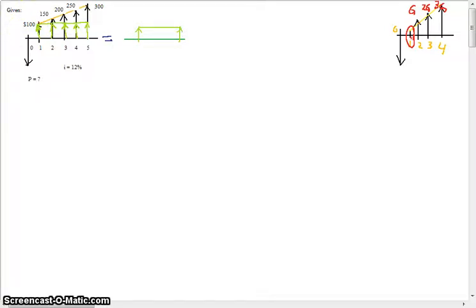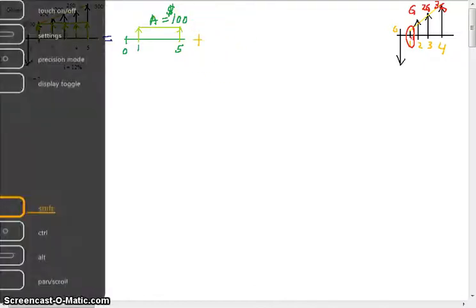So here's year 0, here's year 1, here's year 5. And we know that this A value, our uniform series, is equal to $100. Okay, and what we want to do is add on the next part, this gold part, our gradient portion.